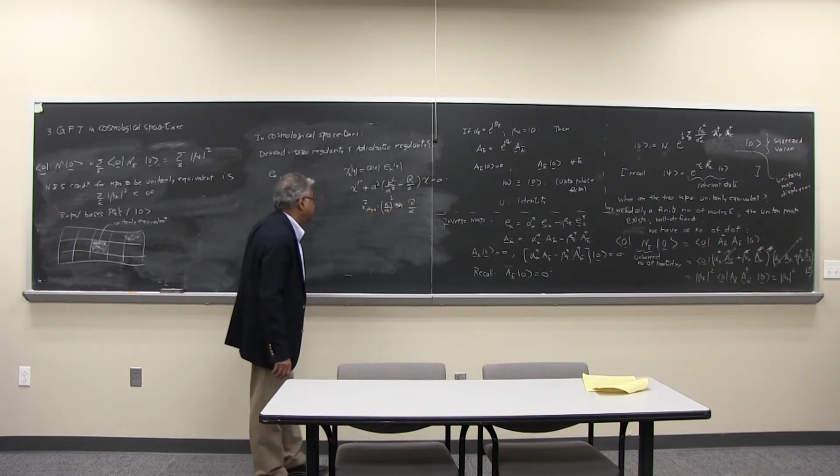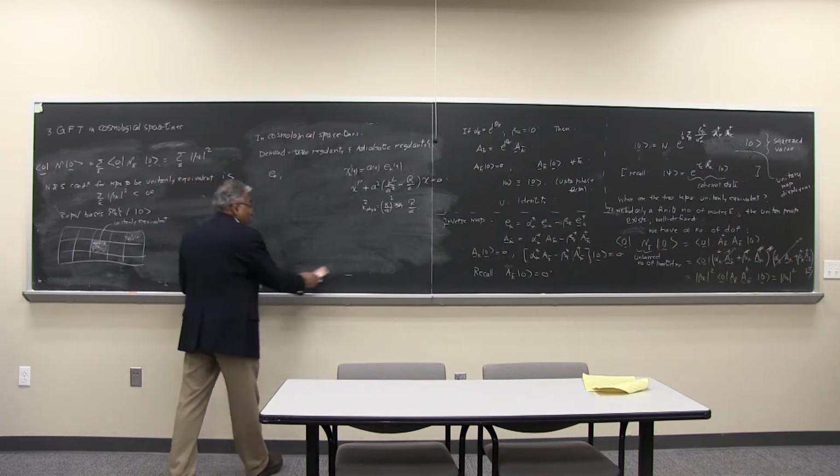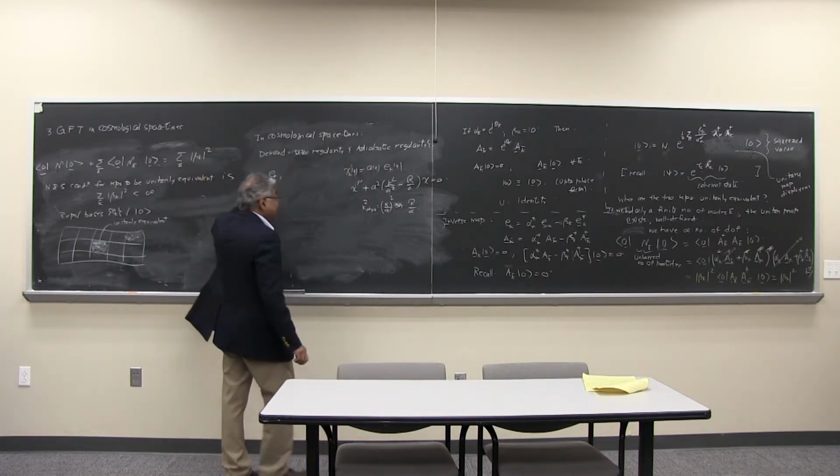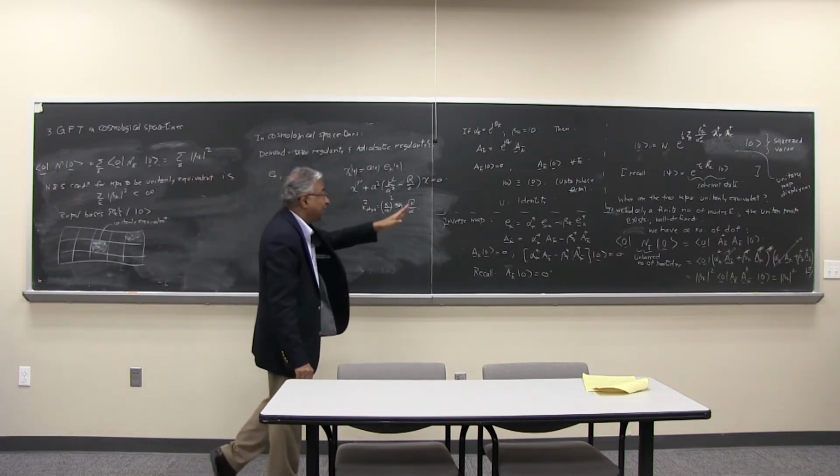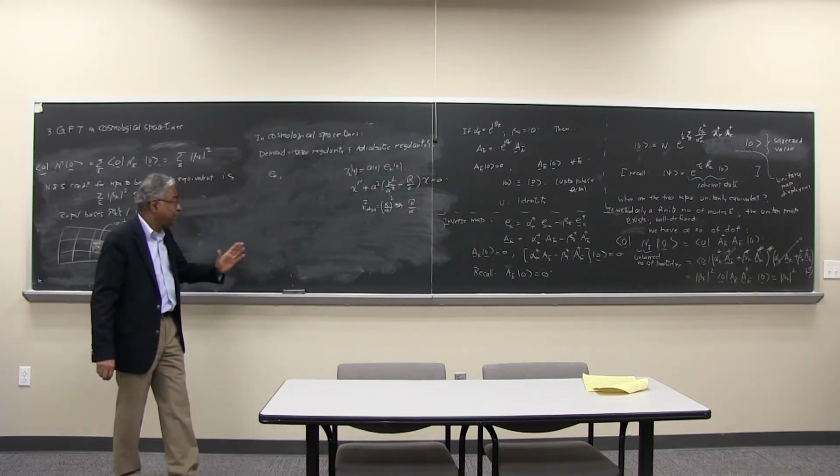And then the statement is that in Minkowski spacetime, we know that the modes E_k should behave like e to the minus i omega t upon square root of 2k.